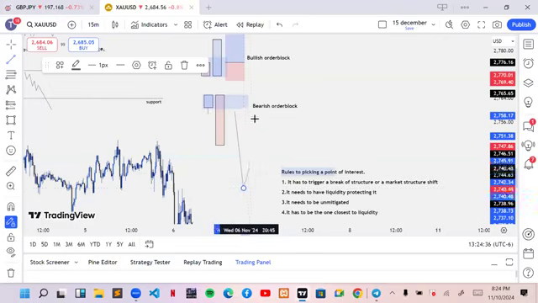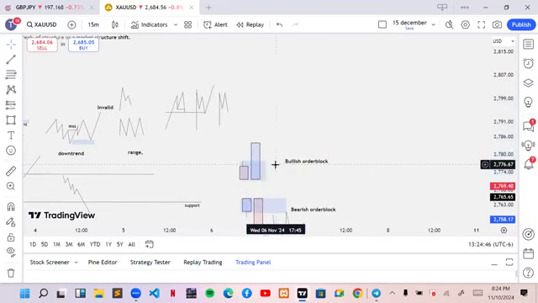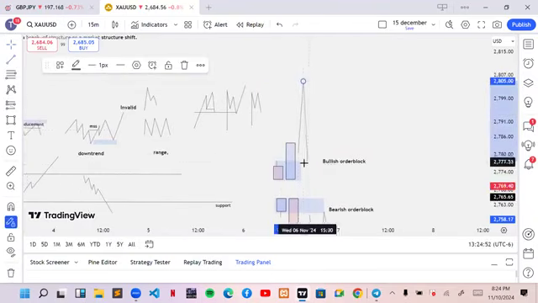When price comes back to tap this order block, that is what I mean by mitigation. Understand? The same thing as this bullish order block here. If the market breaks out from here, for example, and then comes back to tap this order block, that is what I mean by mitigation.